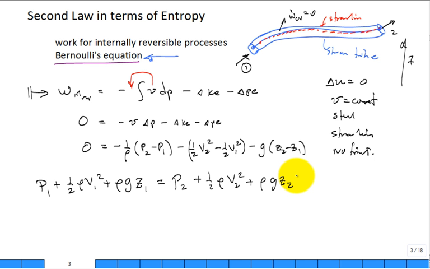I'm going to pause. Did I do the algebra right? Did I mess up a minus sign anywhere? Give me a thumbs up if you like it, but only after your brain has processed it, right? Does it look okay?